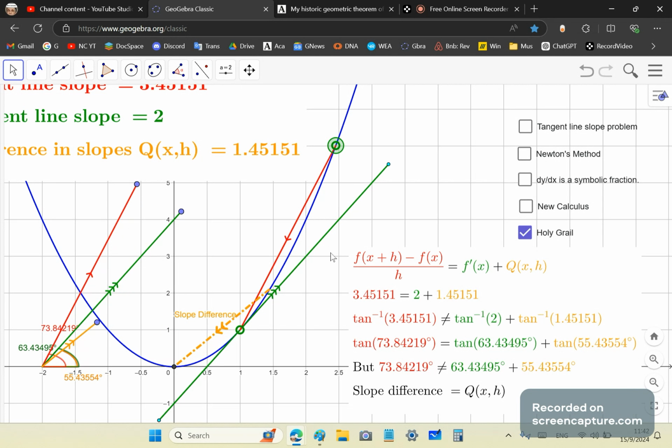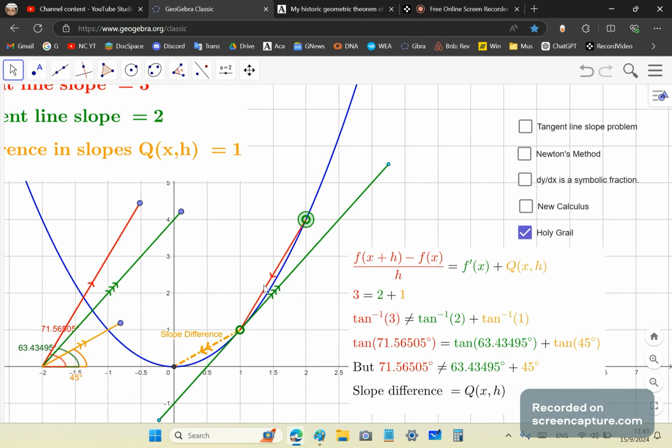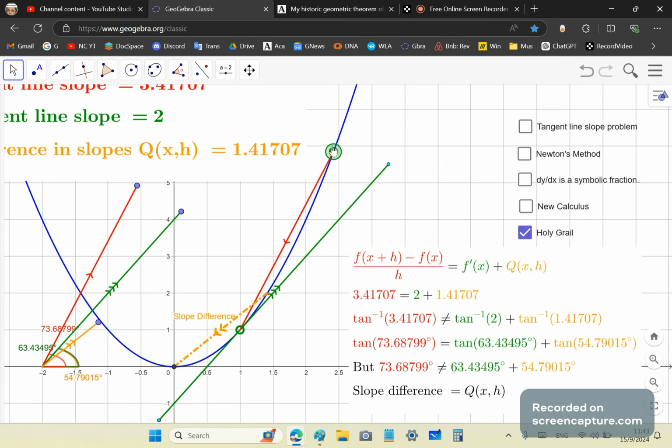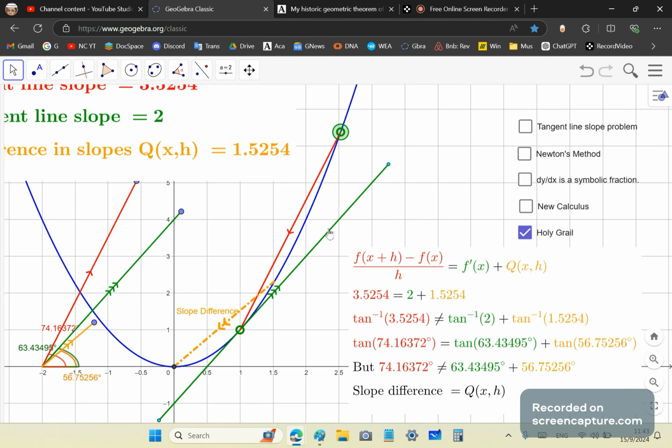It doesn't change for this secant line. It doesn't change for any secant line. If I move down here, this is a different secant line. So it has a different slope difference. Okay? But it doesn't change, right? It doesn't change because each one of these non-parallel secant lines are different.